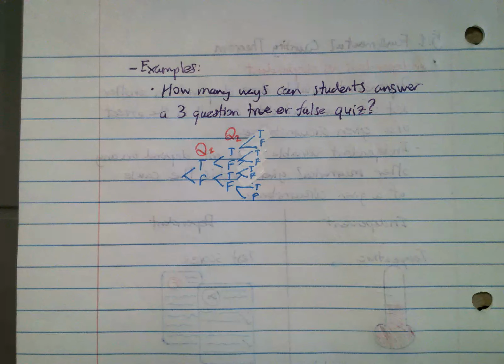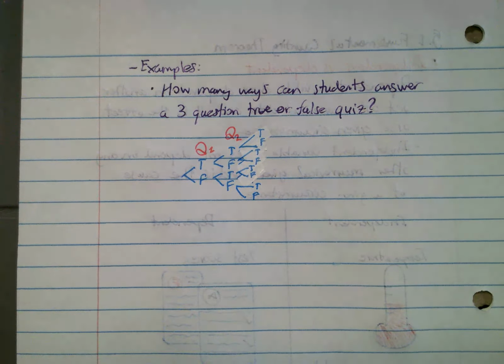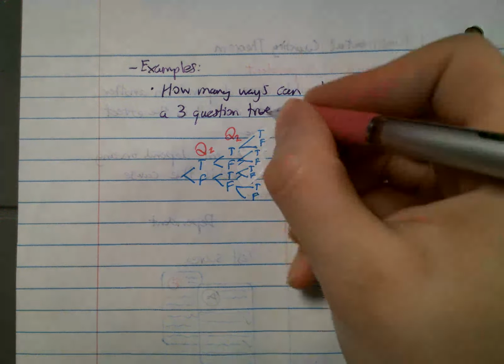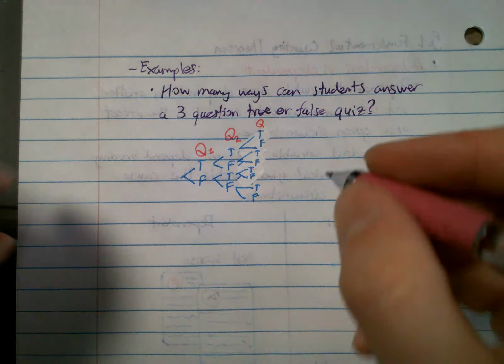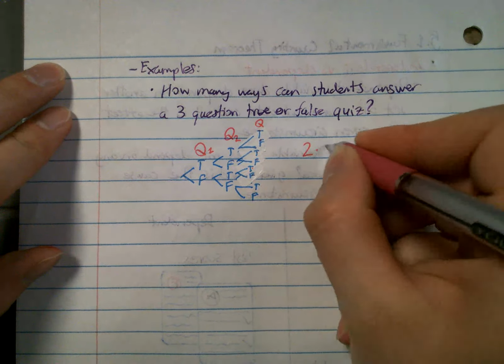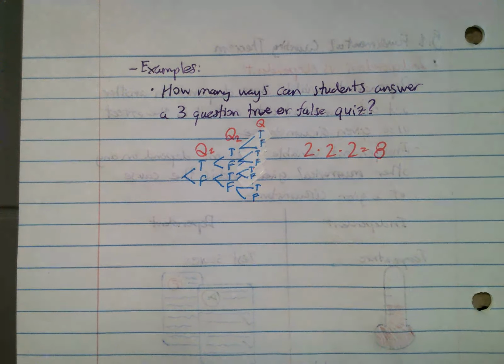Close enough. Okay, and that's 3 questions. We have 1, 2, 3, 4, 5, 6, 7, 8. So, or 2 times 2 times 2 equals 8.